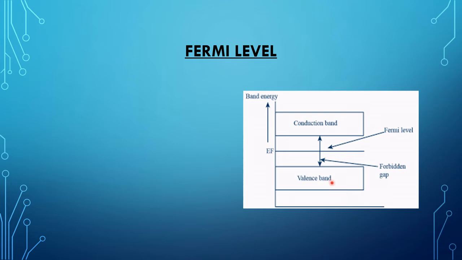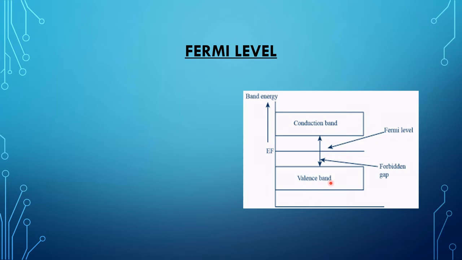At absolute zero temperature, that means when T equals 0 Kelvin, the valence band is totally full of electrons and the conduction band is in the zero state. What does it mean? That means the conduction band is empty and the valence band is full of electrons at T equal to 0 Kelvin.